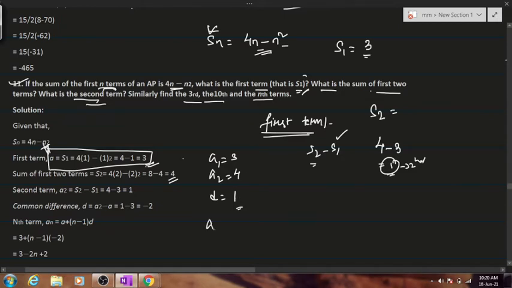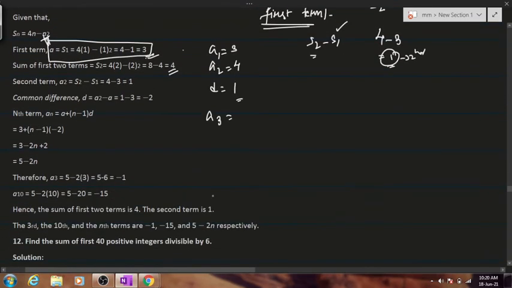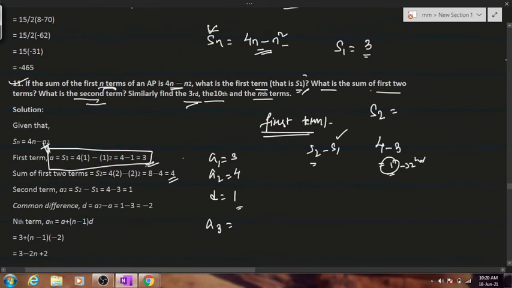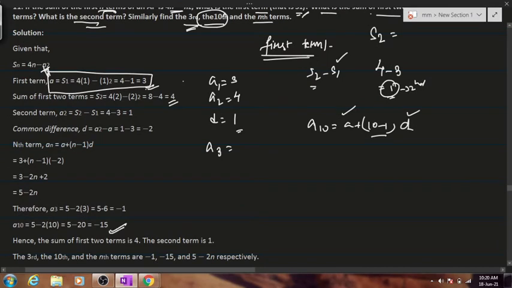We'll have to calculate a3, right? Calculate a3 and then calculate a10. a10 will become a plus (10 minus 1) into d. Yes or no? d is equal to 1, a is equal to 3, and 10 minus 1 obviously will give you the answer. When you put it over here, you'll get the answer as minus 15.